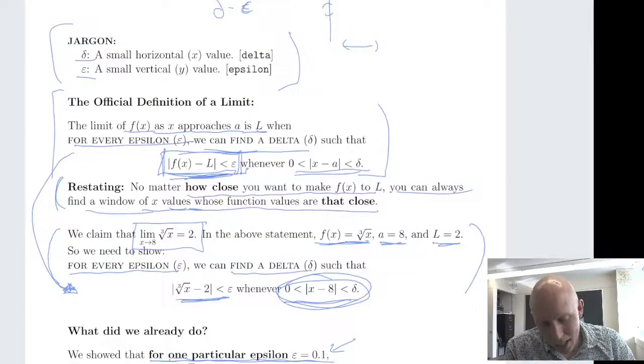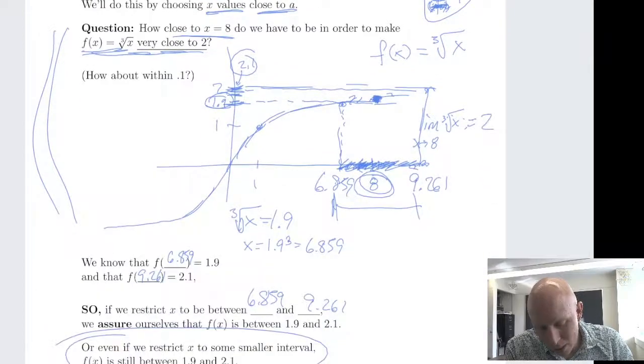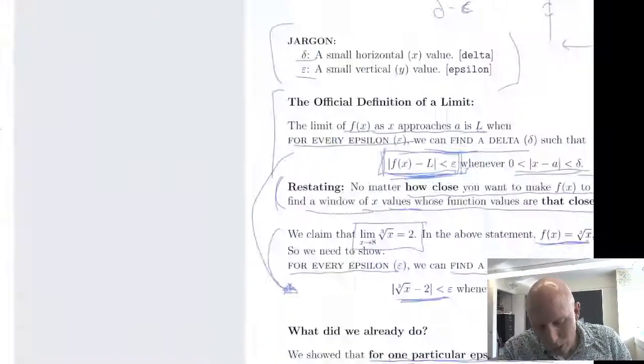So that's what we said last time. On the last page, we said that even if you restrict to a smaller interval, the function value is still between 1.9 and 2.1.